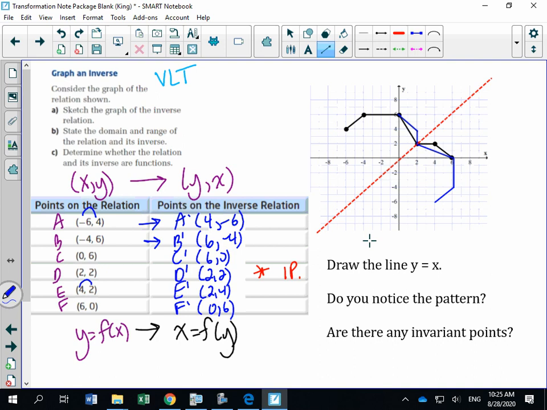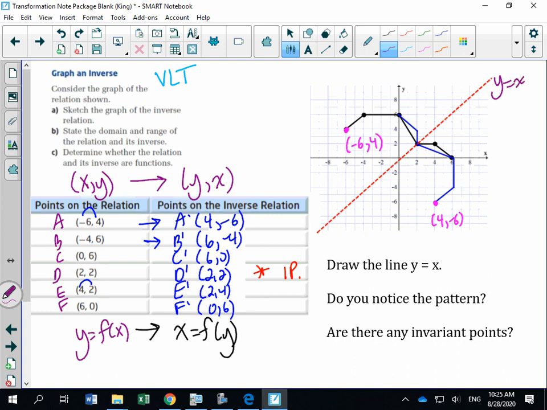Okay, so what I'm hoping you could see is that, for example, this coordinate here, which was negative 6 comma 4, is reflected to here, 4 comma negative 6. And these 2 points are reflections of each other in the line y is equal to x.